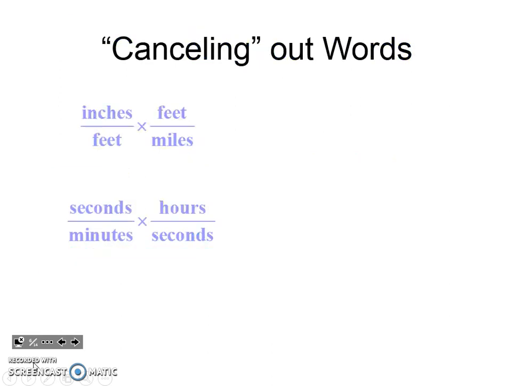So these are canceling out words. If I have inches over feet times feet over mile, obviously I'm trying to get rid of the feet, because feet divided by feet cancel out. So let's look at the second one. Seconds over minutes times hours over seconds.